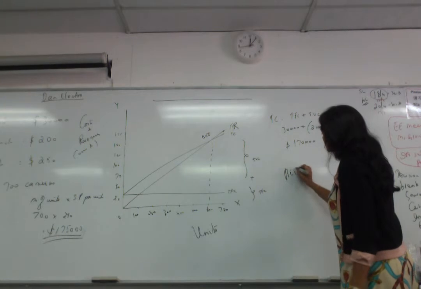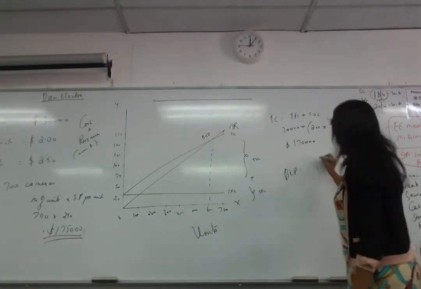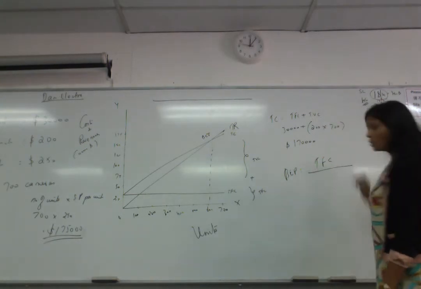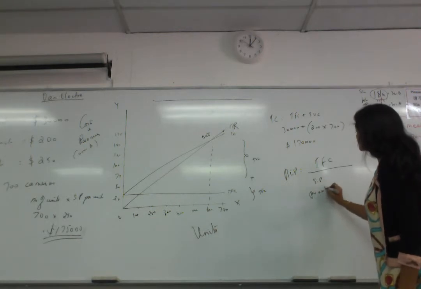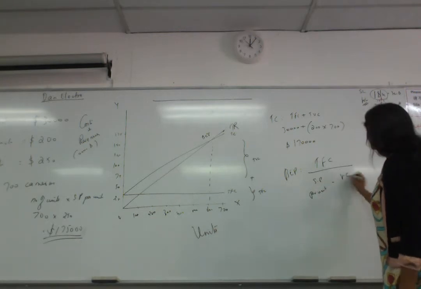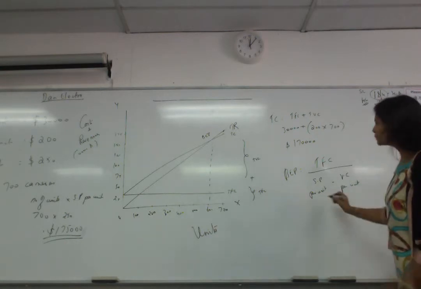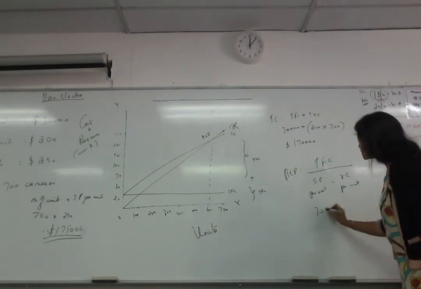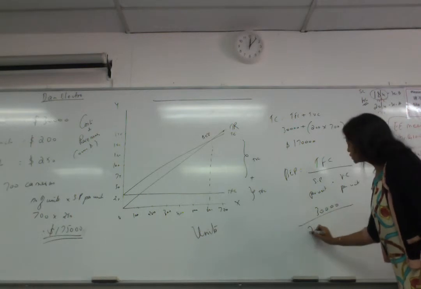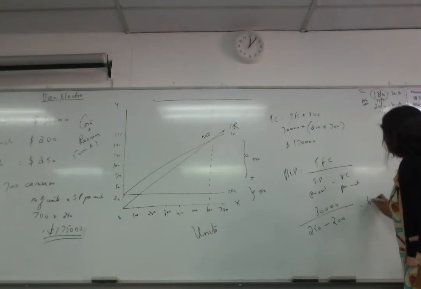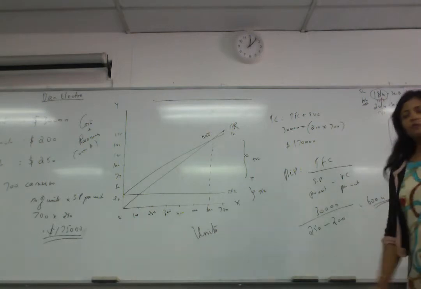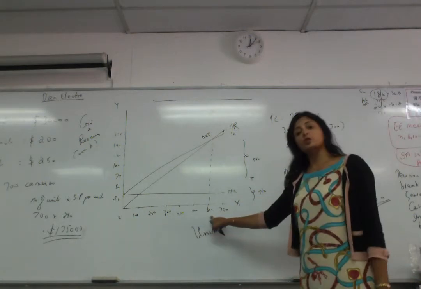The formula is break-even point equals total fixed cost over selling price per unit minus variable cost per unit. So I'm going to substitute $30,000 divided by 250 minus 200, which is nothing but 600 units, which is exactly what is shown by the graph.